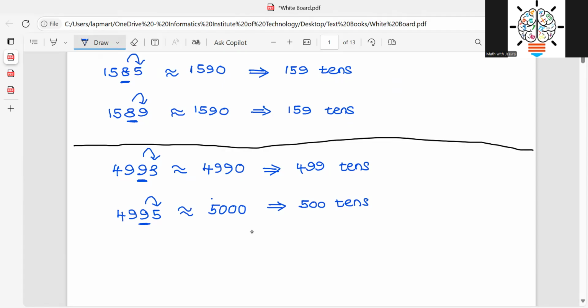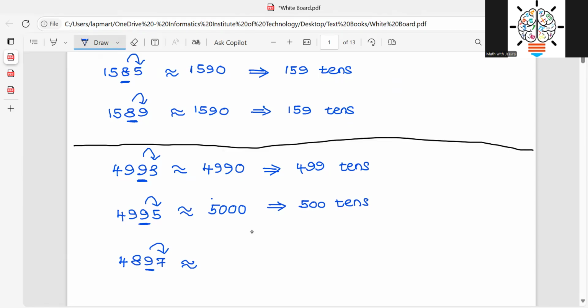If I take something like this, children, let's say 4,897. Now what happened? Underline this. You look at the next number. It is more than 5. I need to add 1. To where do I need to add 1? To the underlying number. When I add 1 to the underlying number, 9 becomes 10.